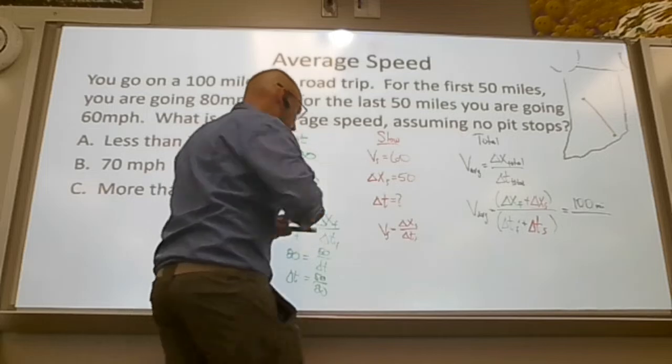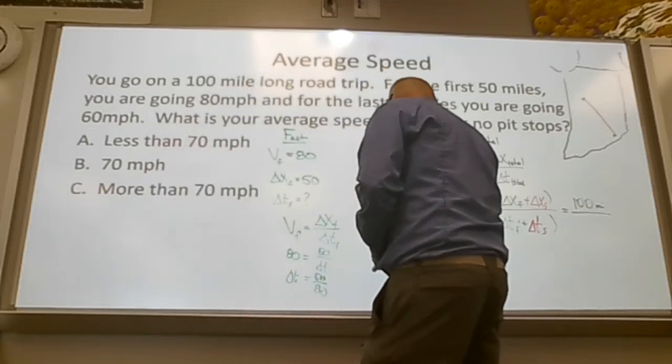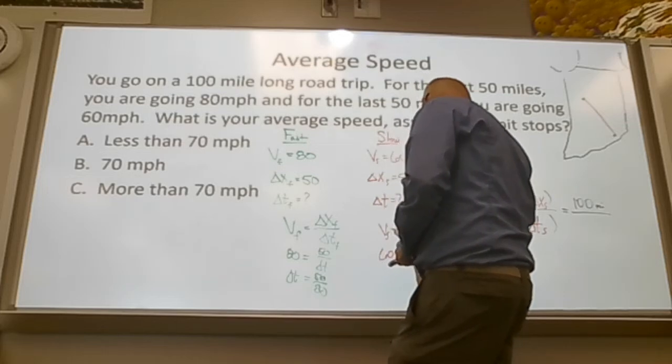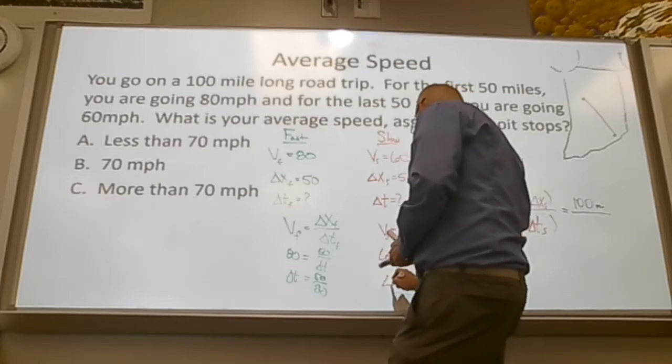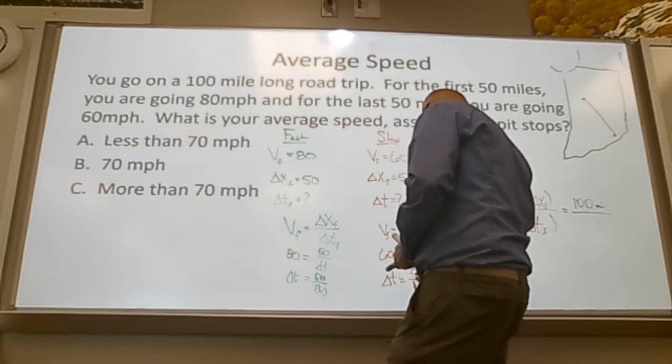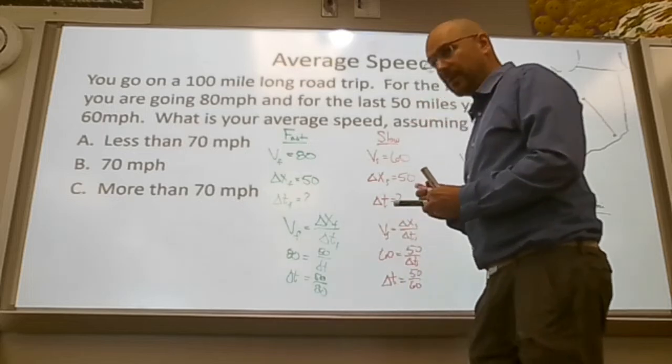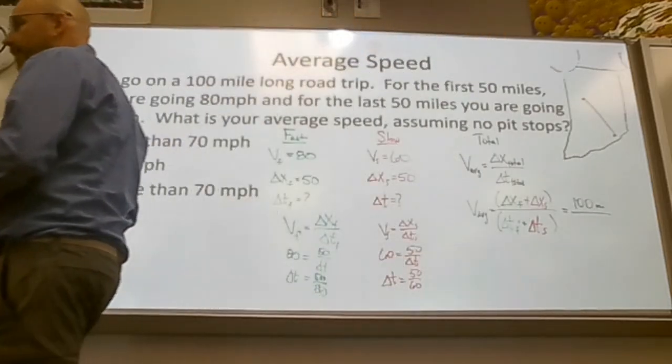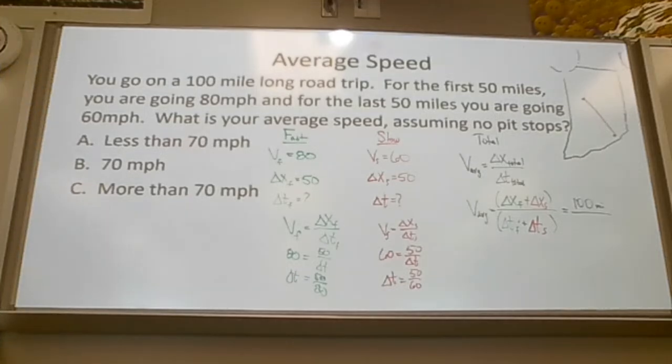And same thing over here. This is 60. It's 50 miles over time. So my time is 50 over 60. I would just do decimals.